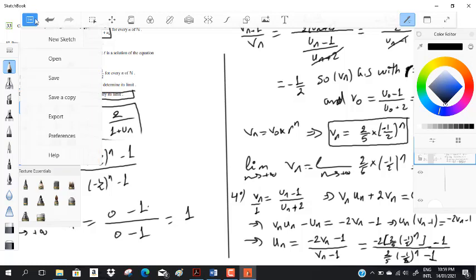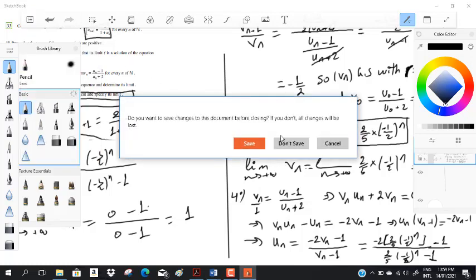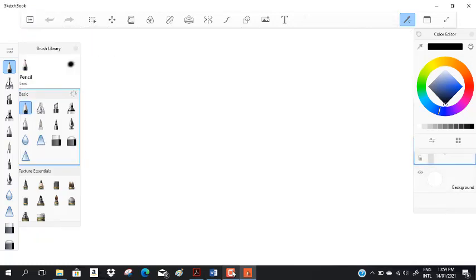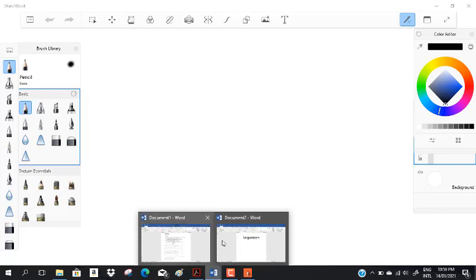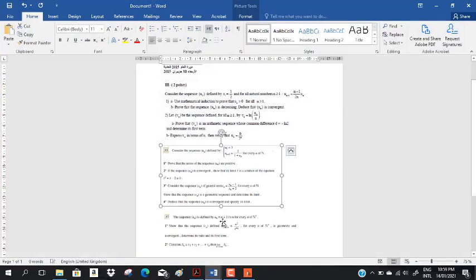Now we are going to solve another exercise. Exercise number 37.